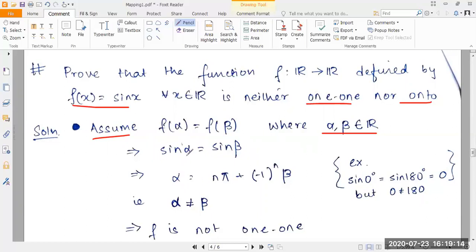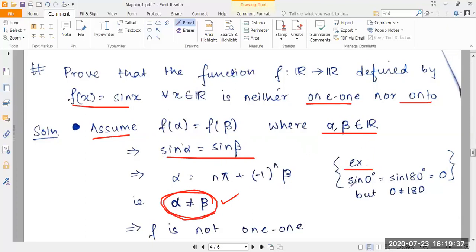Now, if sin alpha equal to sin beta, then alpha is actually equal to n pi plus minus 1 whole to the power n beta. Sin alpha equal to sin beta does not imply that alpha equal to beta. There may be a situation where alpha is not equal to beta, but sin alpha is equal to sin beta.